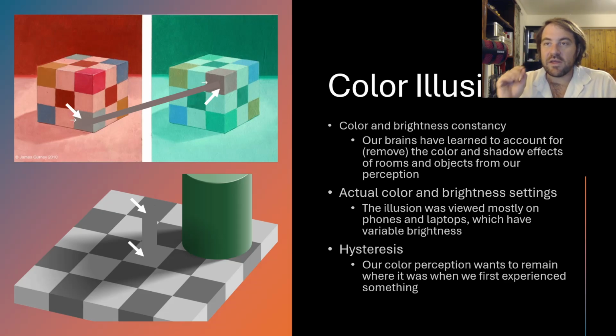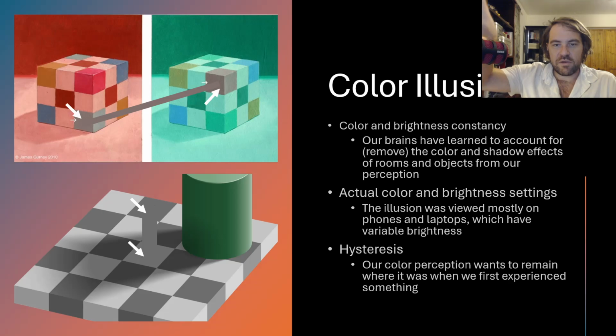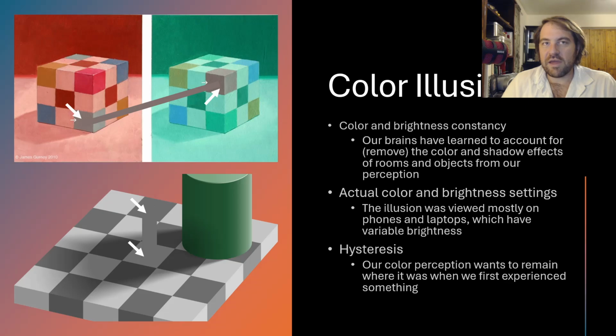The other thing is different screens, different manufacturers, different products from the same manufacturer, they all have slightly different color displays, just slightly. In fact, I've got two monitors in front of me right now. One is my recording monitor, which is in line with this camera. The other one is showing me what you're seeing over here to my right. And they have different colors. It's not the same color of orange displayed on both of them.